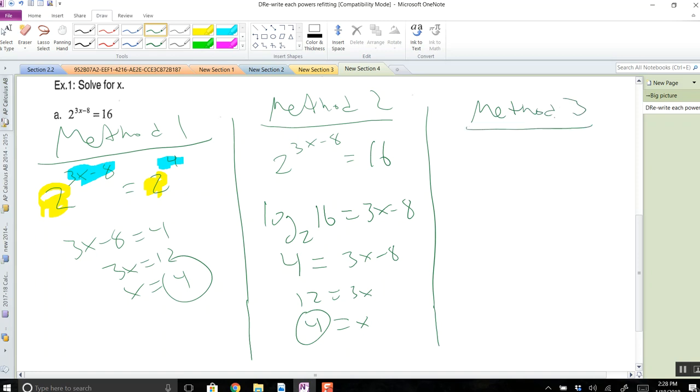Finally, method 3. I wouldn't recommend it unless you're forced to use it. Actually, I would have done this when I was in high school. I don't know why. I didn't really pay attention to this technique, but you take log of both sides. Maybe I chose this way because it's always a guarantee. It's a sure thing. You take log of both sides. It's fair treatment. You totally can do that. What happens to the left side? Where does that 3x minus 8 go? Yeah, it goes to the front, right?